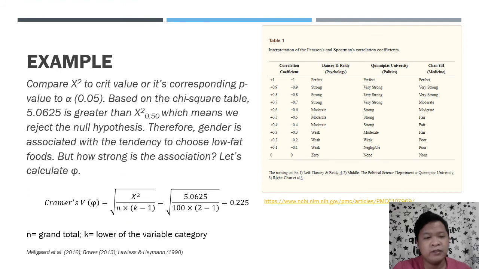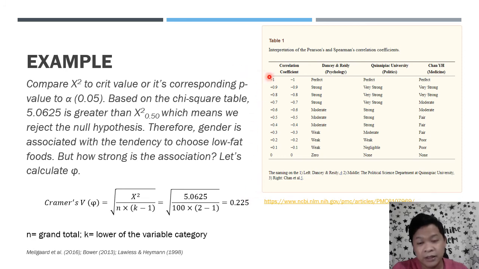So to measure the strength of association, we use, in this case, Cramer's V, using a simple equation, getting the obtained chi-square value, getting the square root of that over the number of panelists and your k minus 1. So we get a value here. It's between 0 and 1, or negative 1 and 1, depending on the coefficient you're using.